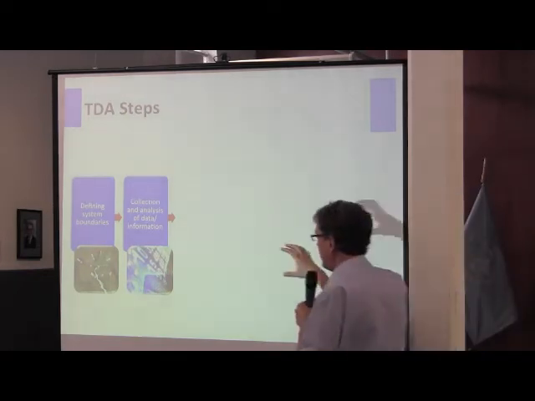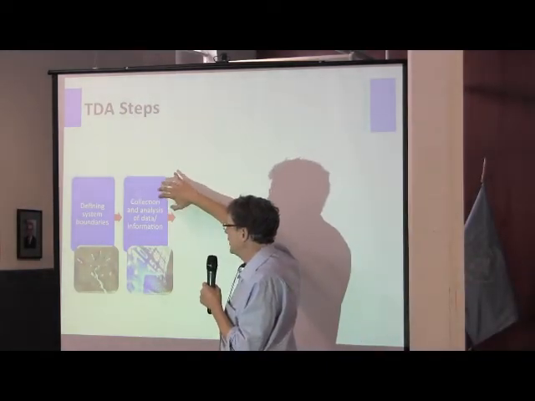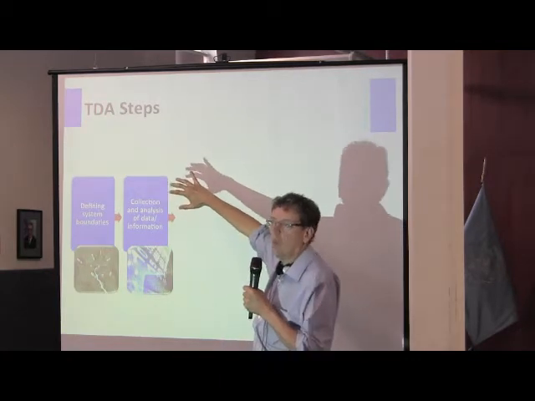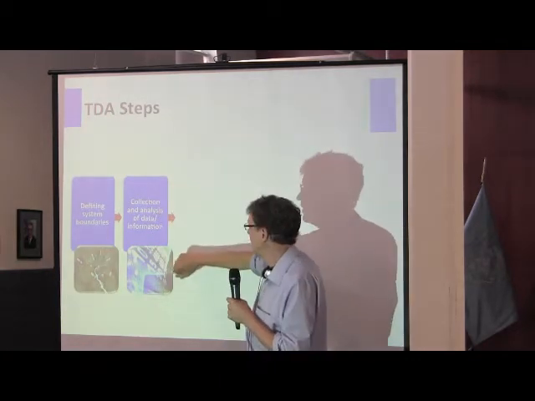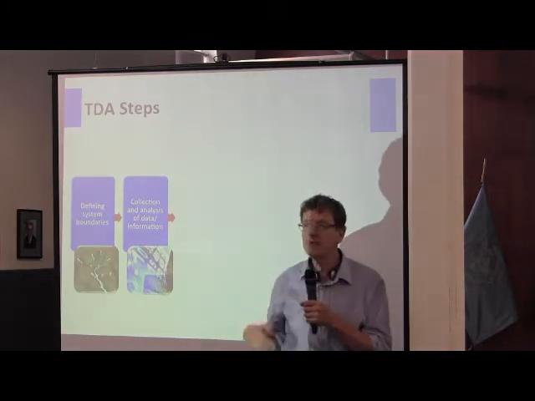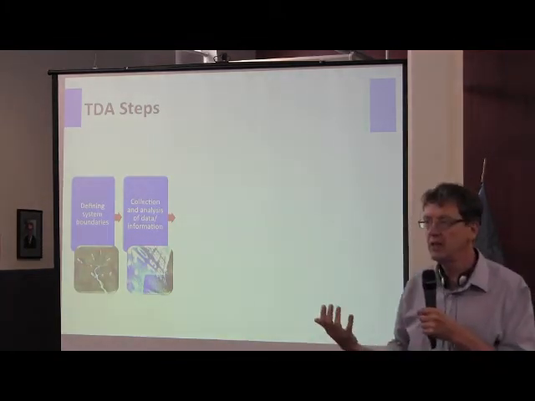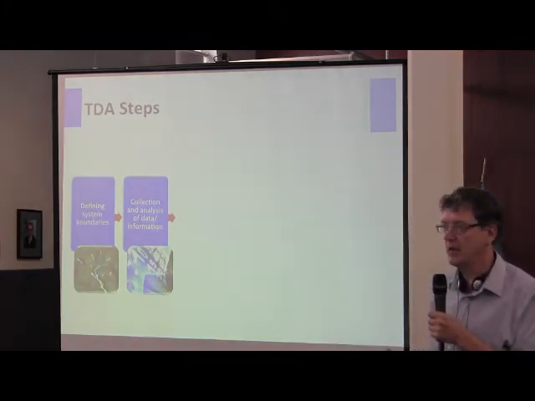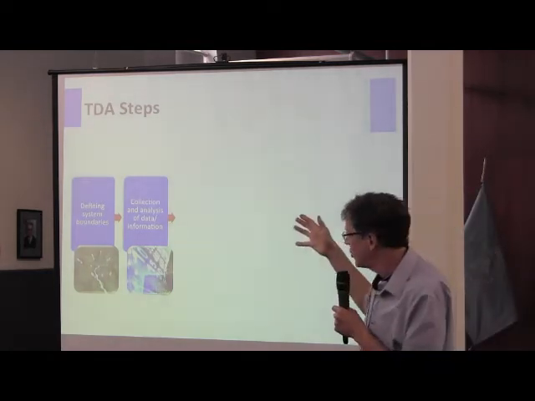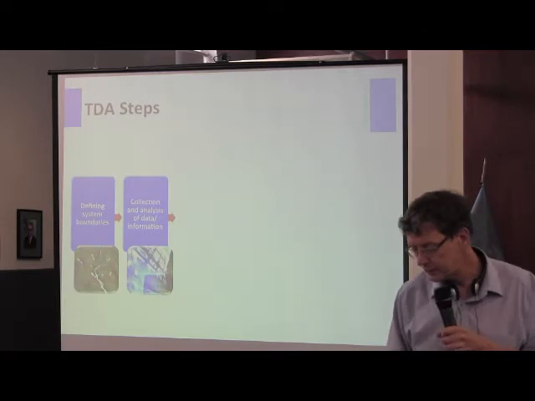So it's a very, very important step. It's about collecting where the information is and analysing that data for its applicability to the particular situation that you want to use it. Okay, so this is the critical first two steps.